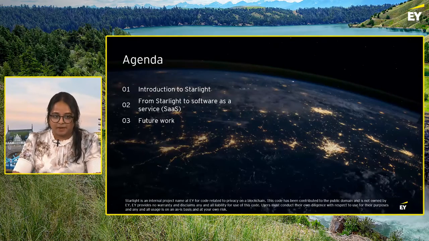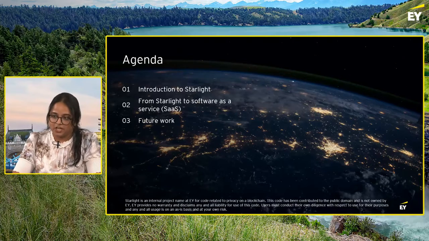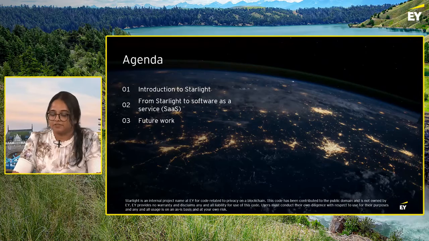So apart from other features that this product has, one of the main concerns for this product was to achieve privacy, that it's achieved from Starlight. So the first agenda of this technical talk is to present Starlight, and then I will ask Fabio to take on this technical talk and talk you through the improvements that they made to scale the applications to a software as a service solution.